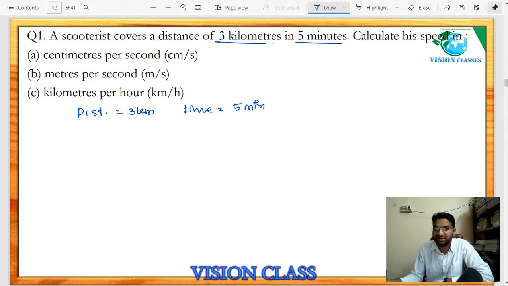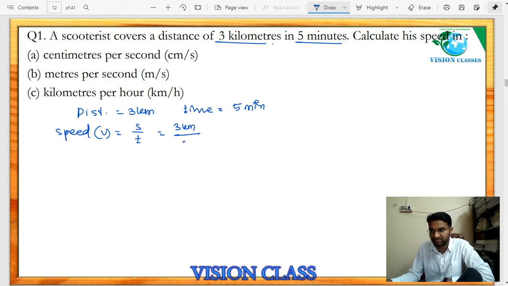So for the first part, speed v is equal to s over t. S is 3 kilometer over 5 minute.